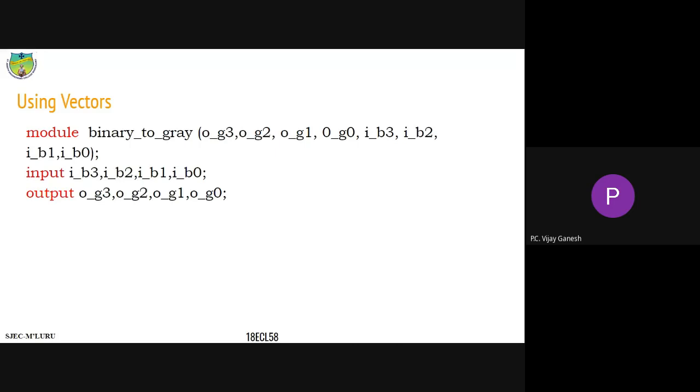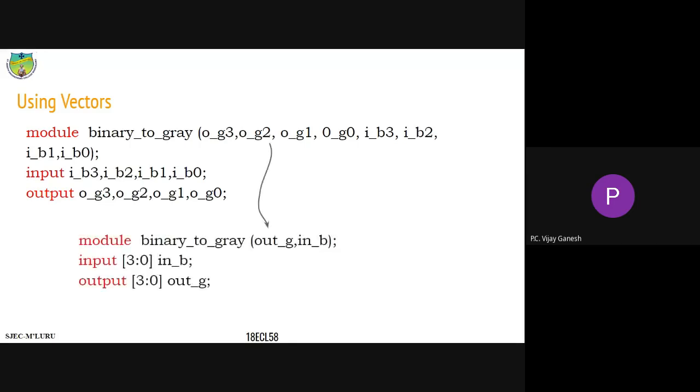Now, in order to convert this into a vector, I will write module, the module name is same. I have removed O underscore Z3, O underscore Z2, O underscore Z1, O underscore Z0, everything. Instead, I have given out underscore Z. Then instead of I underscore B3, B2, B1, I have given only in underscore B. So now there are only 2 names available for us.